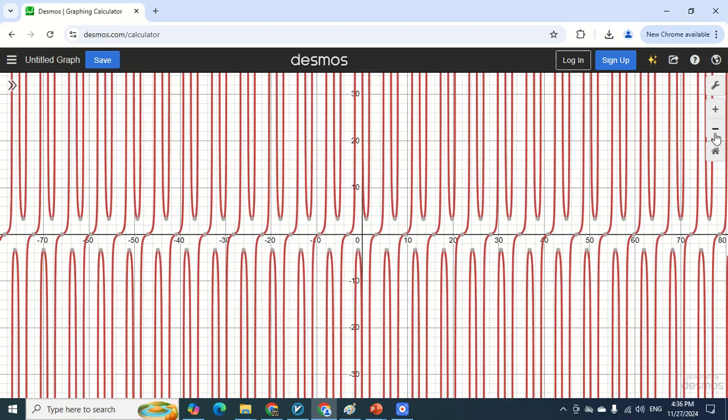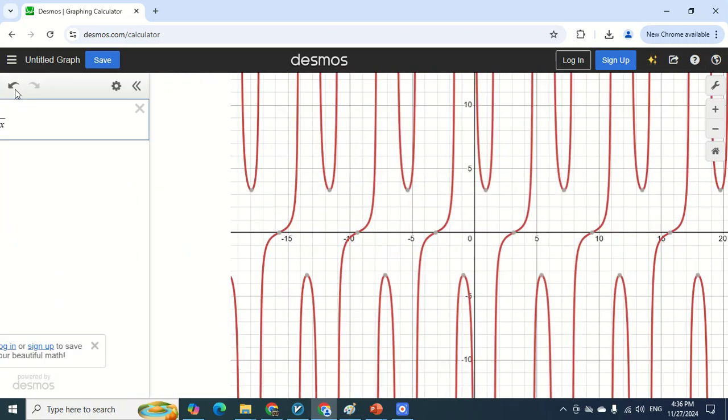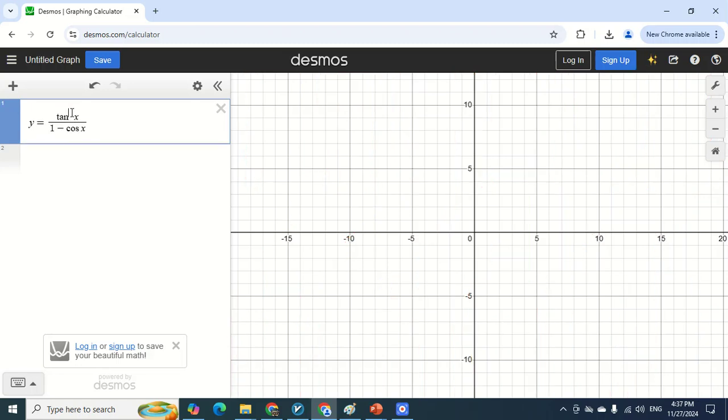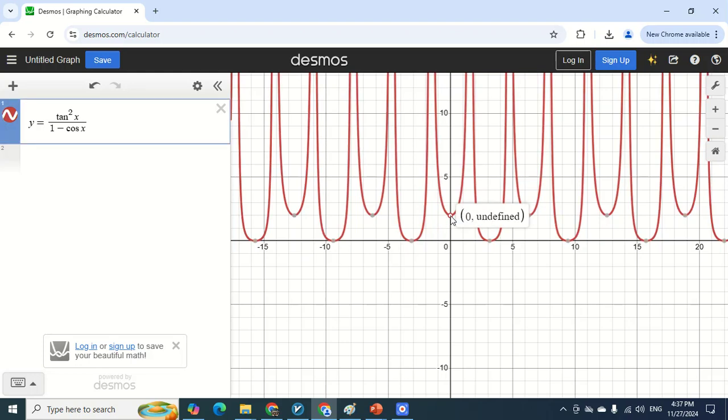We indeed evaluated that type of limit for the case of tangent square of x. If we square that one, then as you can see the value at the point 0 will be undefined, and we calculated that case as well and determined the value of the function at that point.